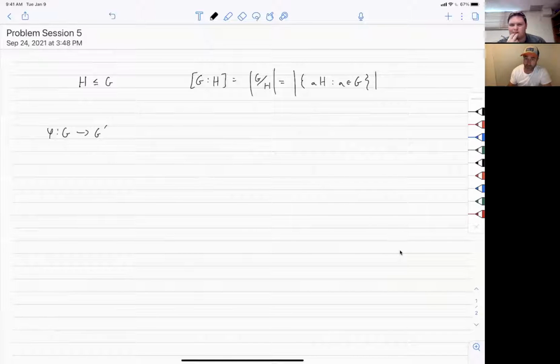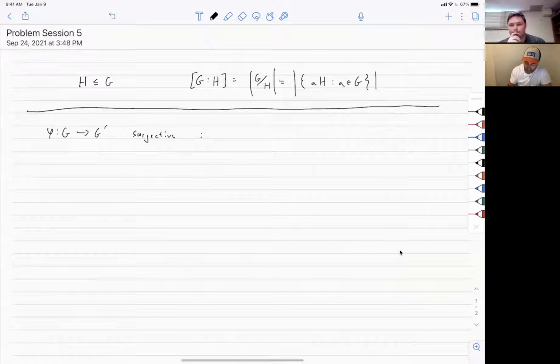How do we know that? Because this is a part of the correspondence theorem. So the correspondence theorem is saying, okay, this is surjective. That's one thing. And the other thing is, I think it's better to recall the correspondence theorem.